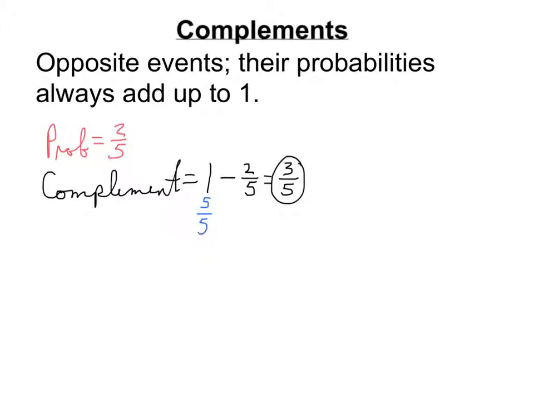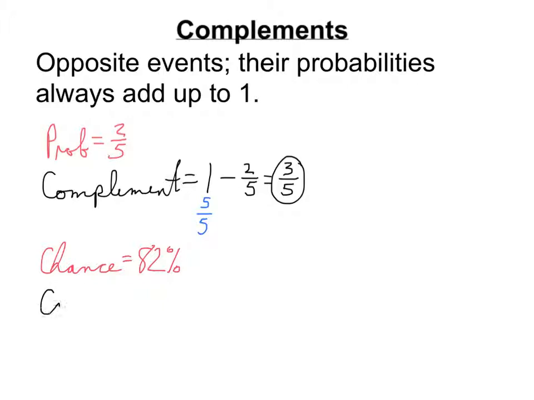Complements can also come up with chance. However, the probabilities in that case really would add up to not 1, but 100%. So, let's say we had a chance of 82%.